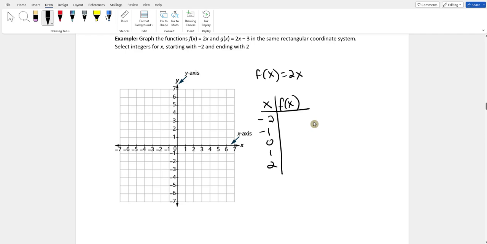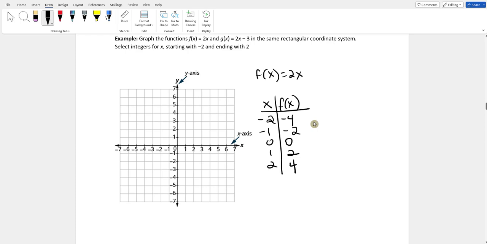So I know when I plug in -2 back in for x, 2 times -2 is -4. When I plug in -1 back into this function, 2 times -1 is -2. Then I plug in 0, 2 times 0 is 0. When I plug in 1, 2 times 1 is 2. And lastly, 2 times 2 will give me 4.